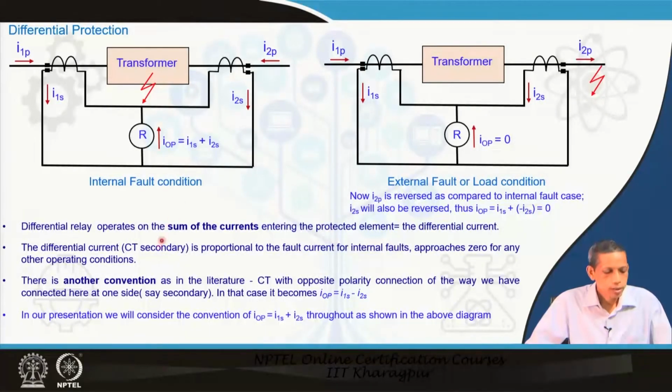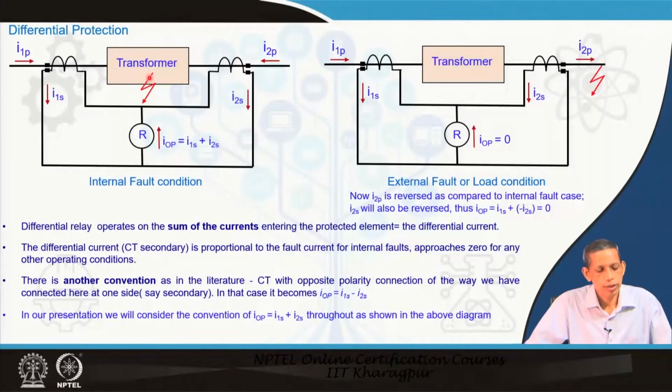We see that the differential relay operates on the sum of the currents entering the protected element, and that we term as the differential current. The differential current at the CT secondary level is proportional to the fault current for internal faults, and approaches 0 for any other operating condition.